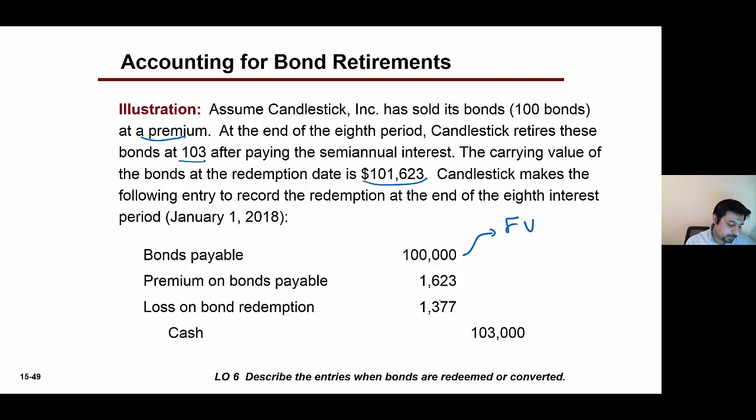Now the company has paid in cash 103,000.